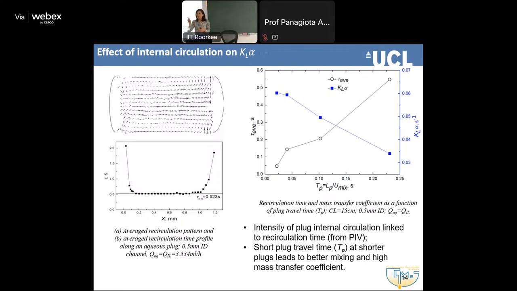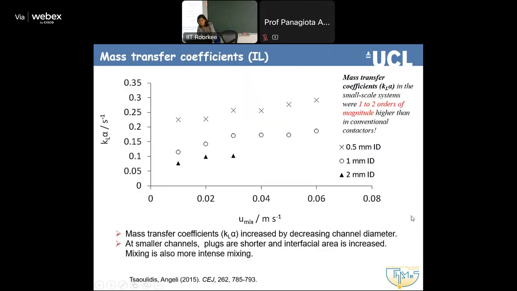Again, it shows that indeed this mixing inside the plugs does affect a little bit what happens with the mass transfer. Yeah, mass transfer coefficients, this is where you want to get in the end. So we have a mass transfer coefficient for 3 different channels. And we'll revisit this graph in the follow-up lecture.